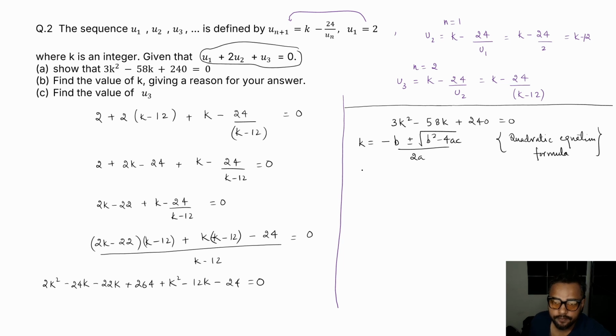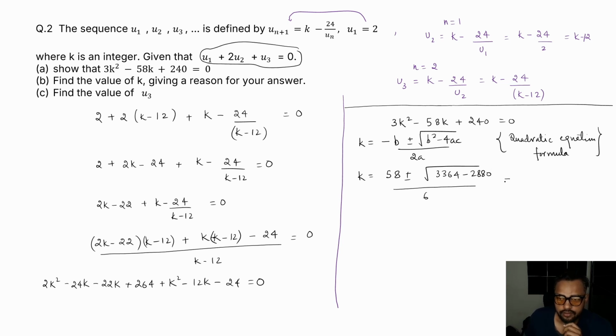So we'll be getting the value of k equals minus b, where b is minus 58, so 58, plus minus the square root of 3364 minus 2880, upon 6. This is how I got it: b square, that is 58 whole square, minus 4ac, where a is 3 and c is 240.